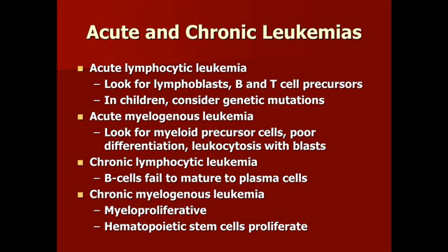With a chronic lymphocytic leukemia and a chronic myelogenous leukemia, these are more common in adults than they are in children. So chronic leukemias you'll see more commonly in adults. In a chronic lymphocytic leukemia, the pathology is that the B cells are failing to mature to plasma cells.